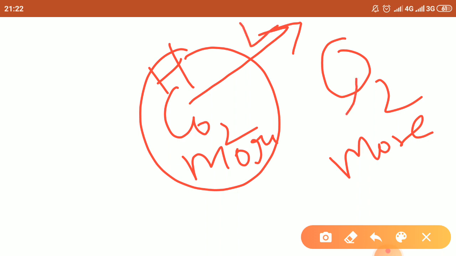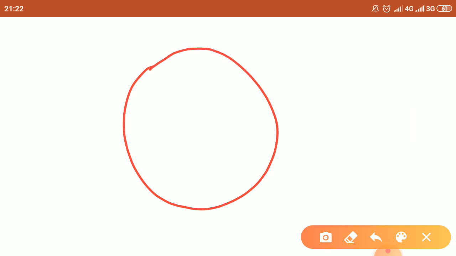Oxygen molecules come inside the cell from its higher concentration to its lower concentration. And this movement will continue till that point at which they are equal outside and inside the cell.